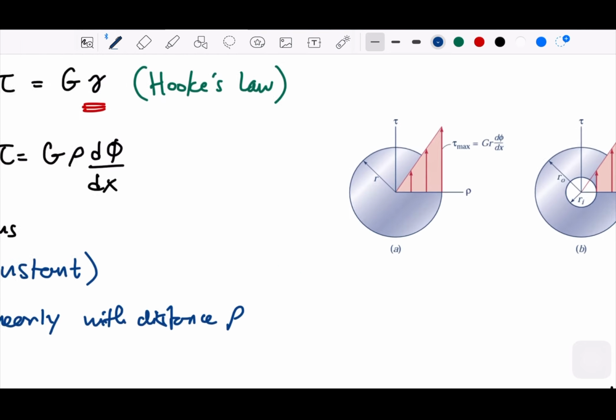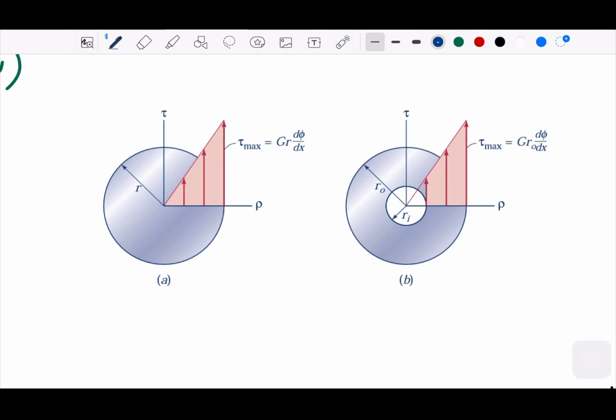If we see this picture here, this is what it means. We can see that the shear stress from the core of the shaft, as we take the distance, will change linearly. Why linearly?